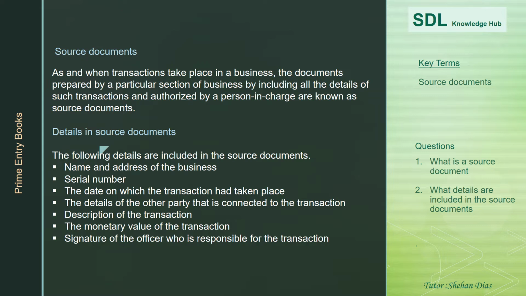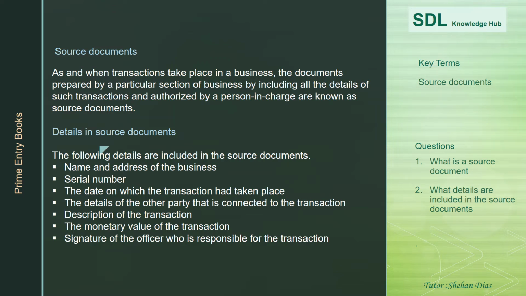Source documents. Using source documents, transactions are recorded in the prime entry books. So what is a source document? When transactions take place, a document is prepared by a particular section of the business, including all the details of the transaction, and is authorized by a person in charge. So what kind of details are there in the source document?